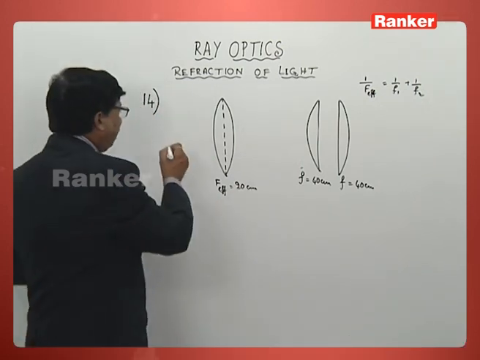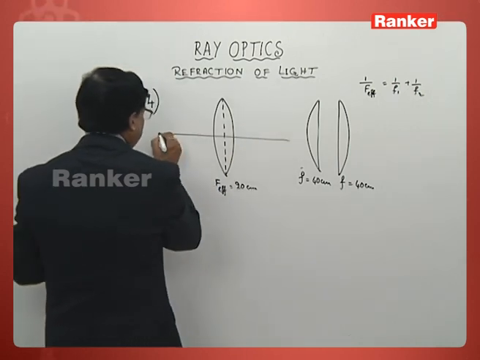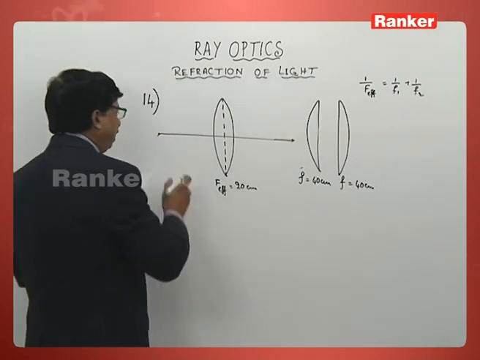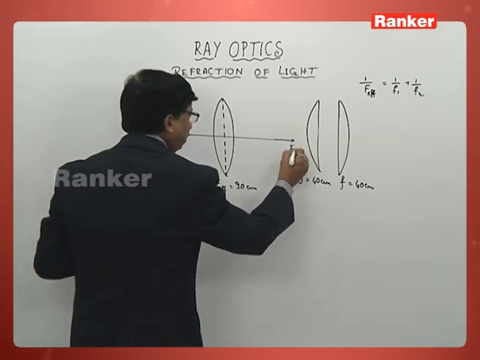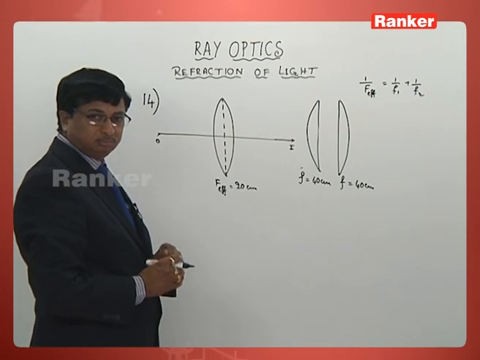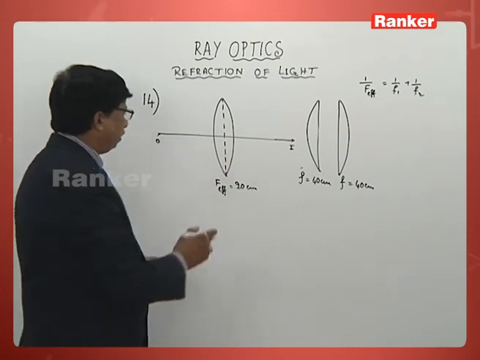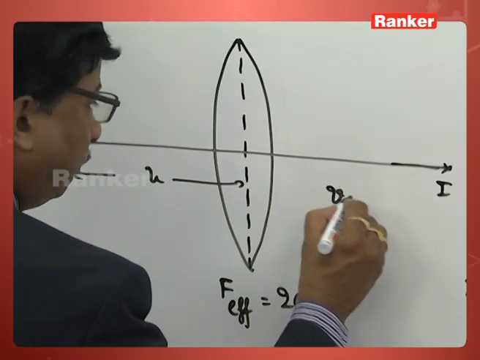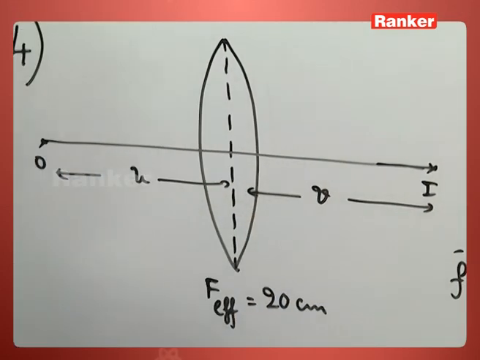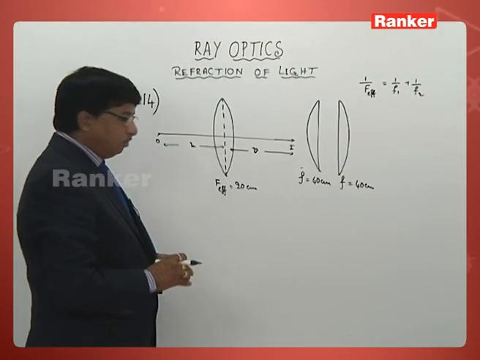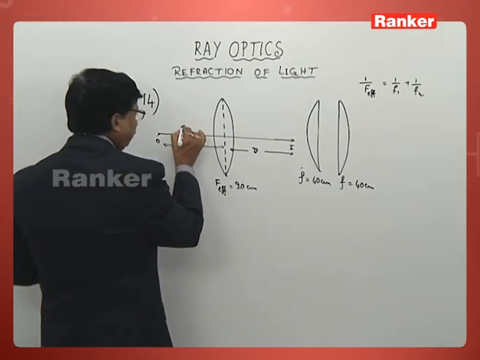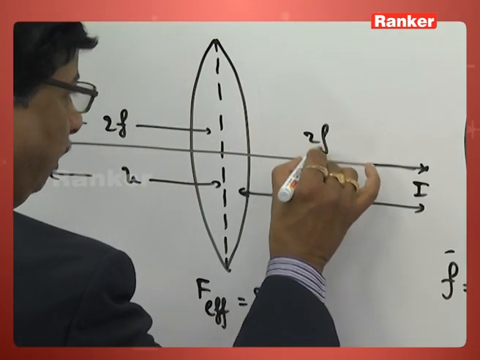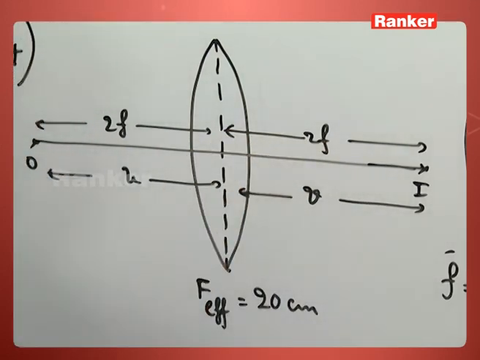Where should you keep an object from this lens so that the image formed over here will have a magnification of 1 unit? Magnification is 1 means what? Object distance and image distance are supposed to be equal. When will they be equal? When the object distance is equal to twice the focal length, then the image distance also will be equal to twice the focal length.